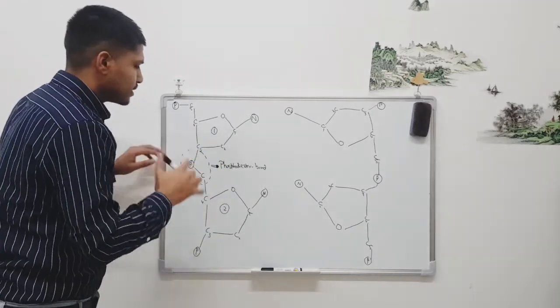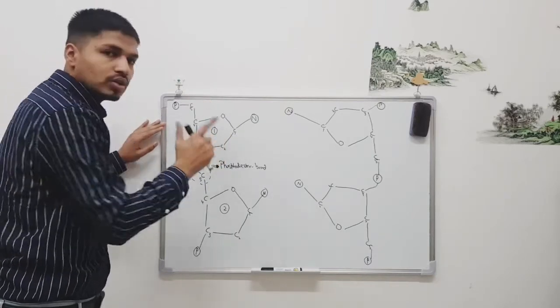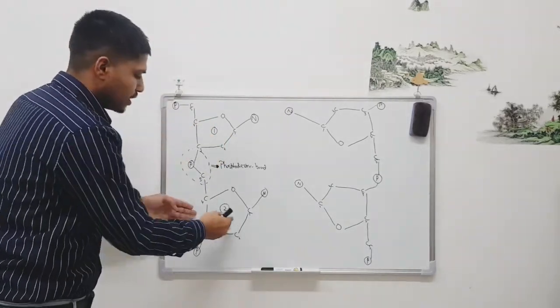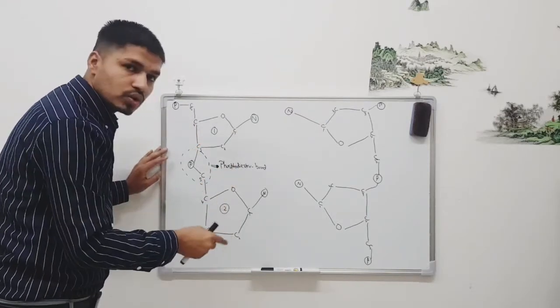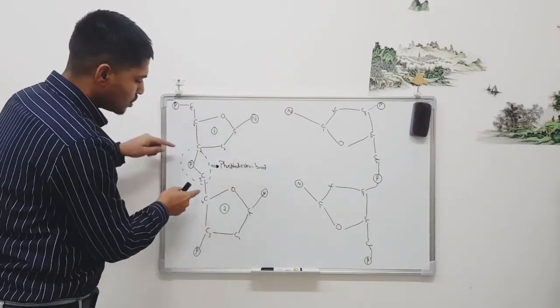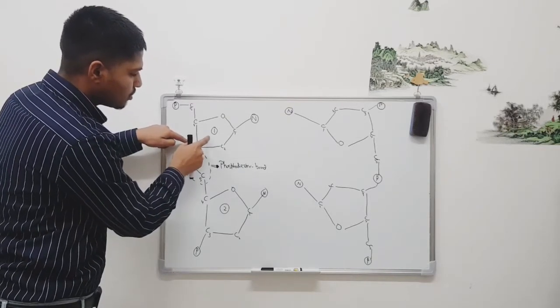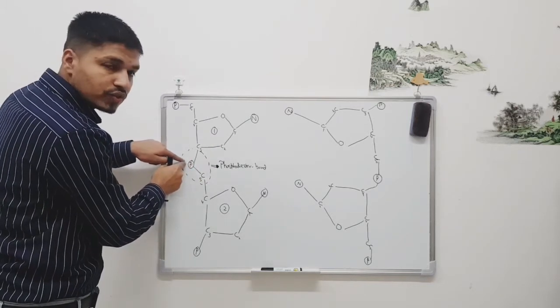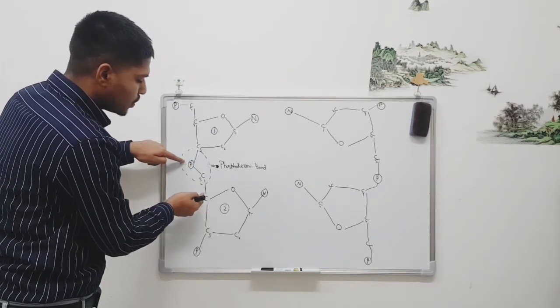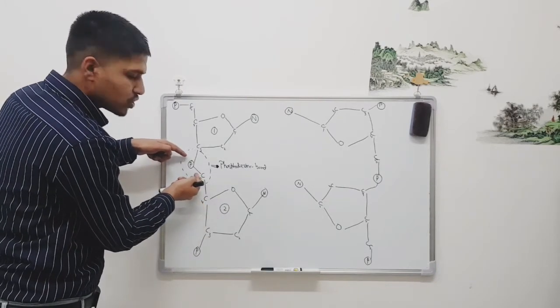How? Just look at this. This is the first nucleotide, and this is the sugar molecule of the first nucleotide. Here we go with the second nucleotide, and this is the sugar molecule of the second nucleotide. So carbon number 3 of the first sugar molecule contains a phosphate molecule, and carbon number 5 of the second sugar molecule has a phosphate molecule.